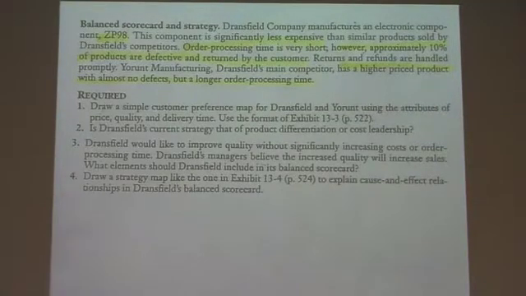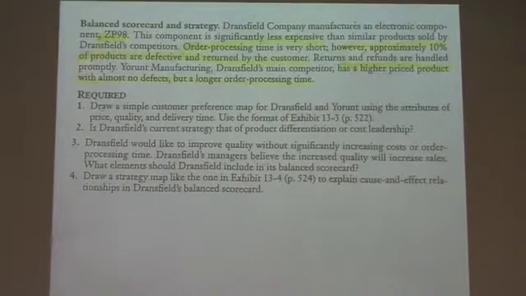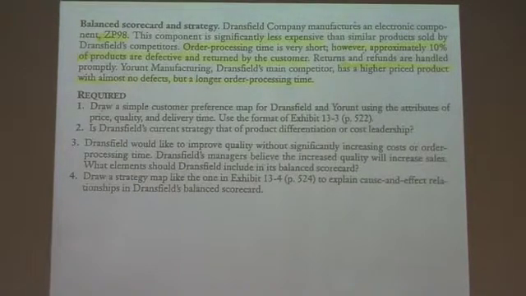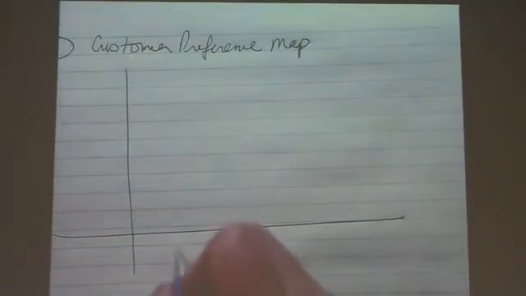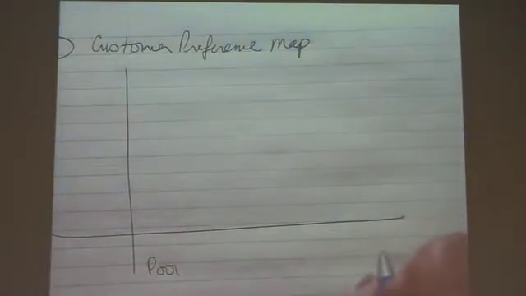So the first part asks us to actually draw a simple customer preference map for Dransfield and Yorant using the attributes of price, quality, and delivery time. So let's take a look at that. In your textbook, they gave you an example of a customer preference map. So we've got the Y and X axis. Here we're going to have poor to excellent or very good.